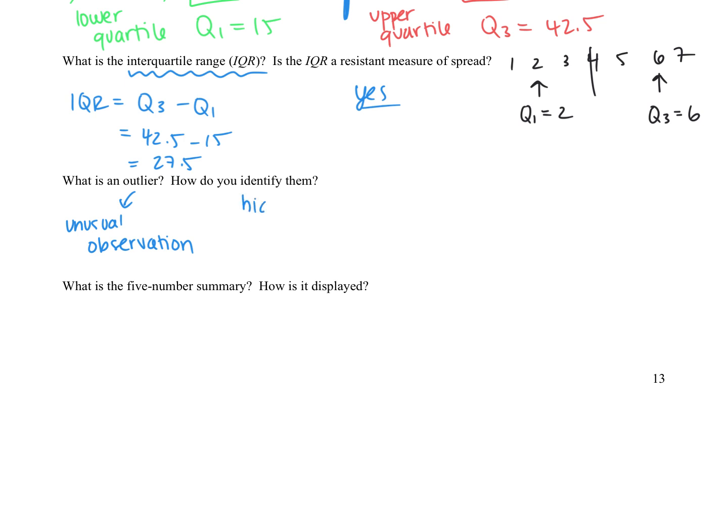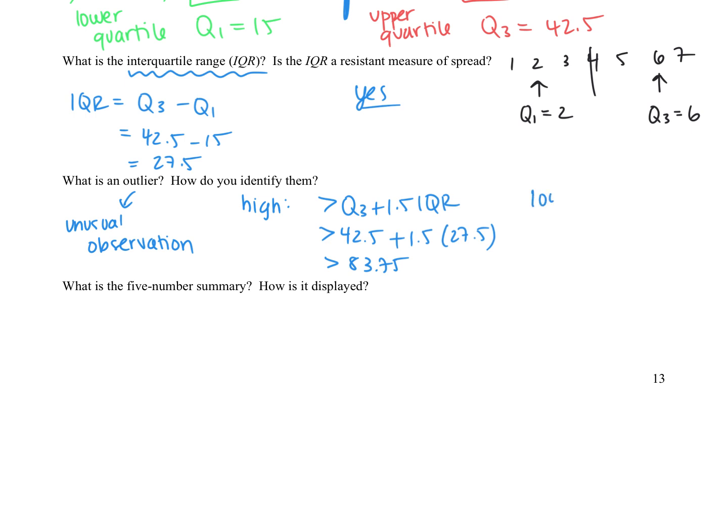Outliers on the high end will be greater than Q3 plus 1.5 times the IQR. In this case, our Q3 is 42.5, and our IQR was 27.5. So any number greater than 83.75 is going to be an outlier. So that person who took 85 minutes to get to work is an outlier.